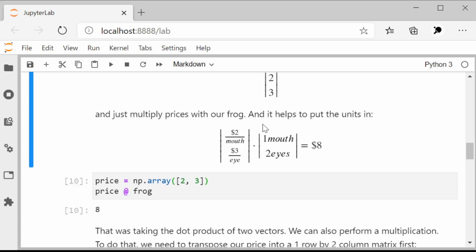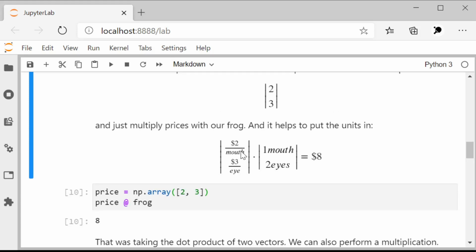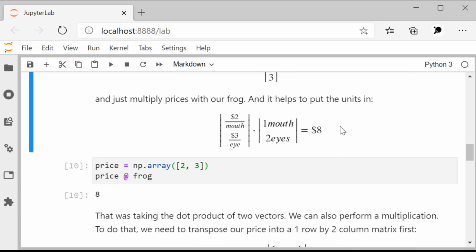Right here on the left side, I have $2 per mouth, $3 per eye. This is the whole vector. I'm putting in these units so you can see that the units do cancel out. This is very simple math. So $2 per mouth, $3 per eye times 1 mouth and 2 eyes, and I end up with $8, just like that.